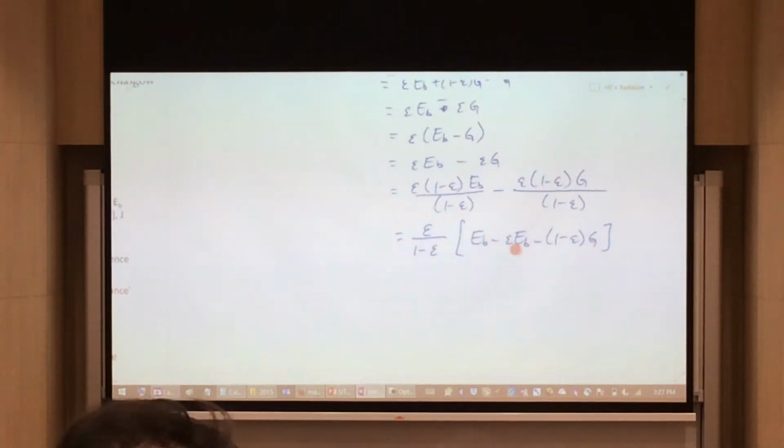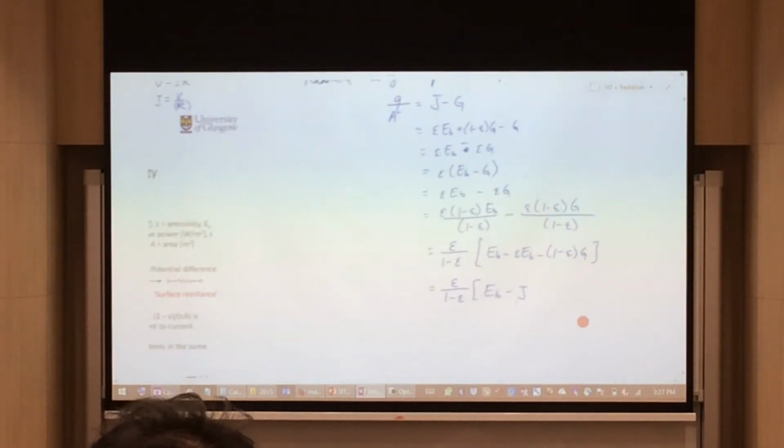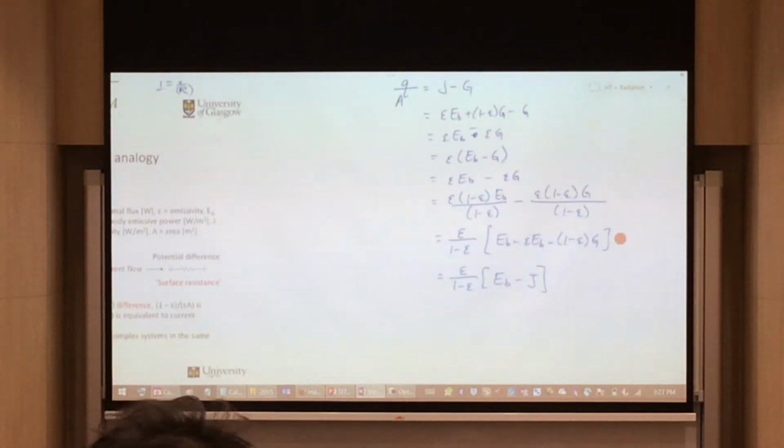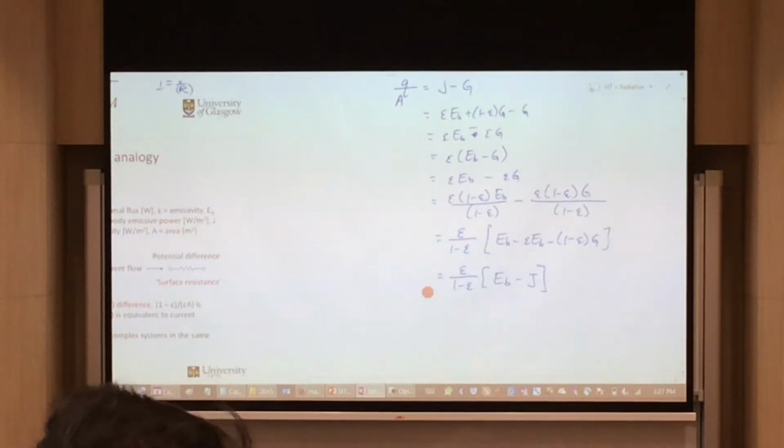So this term over here, could you see that it's actually equal to EB minus J, right? Where you have, just now, that J term is given by this expression. Okay? So you could see that J is this whole term over here. So I'm substituting it back. So now that I have that, I can re-express this whole thing in the following way.